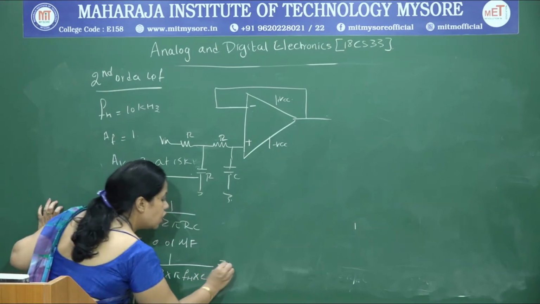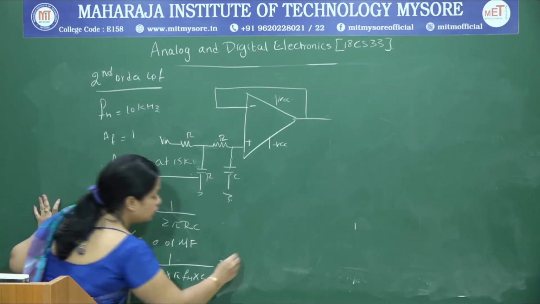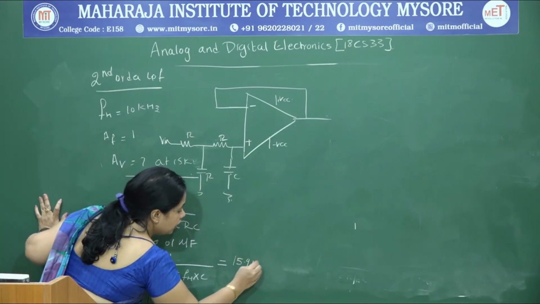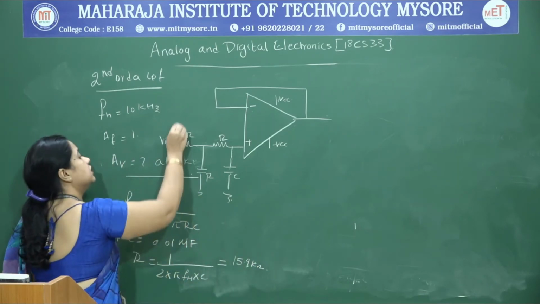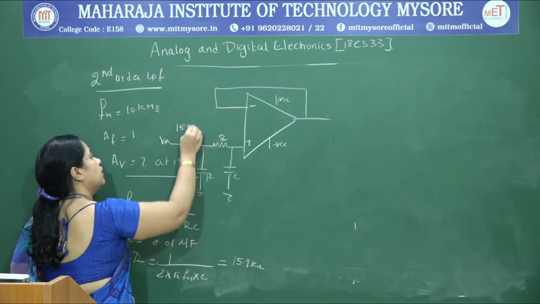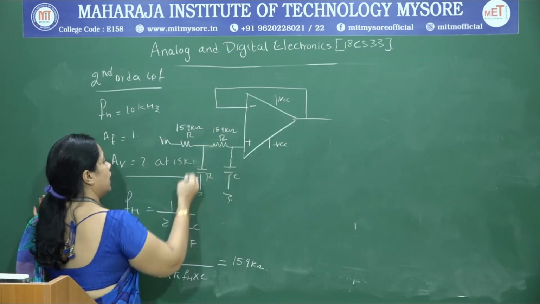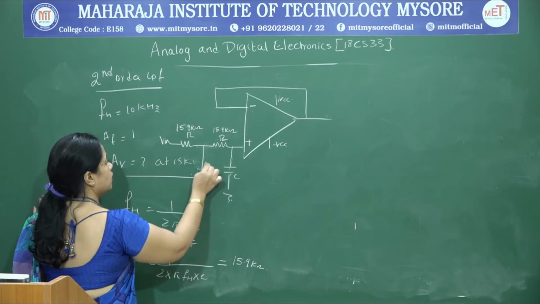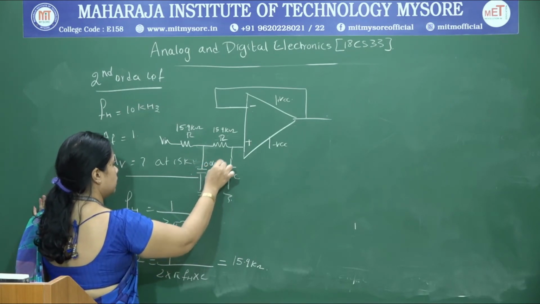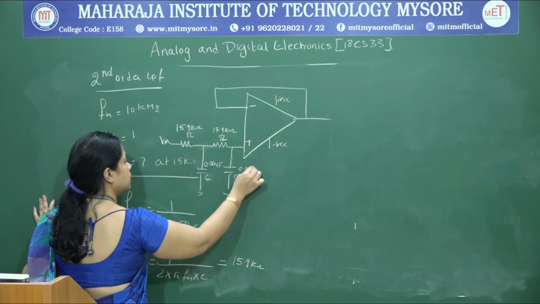Substitute all these values, you will get a value of resistance equal to 15.9 kilo ohms. So, this is 15.9 kilo ohm, and the capacitors are 0.01 microfarad each.